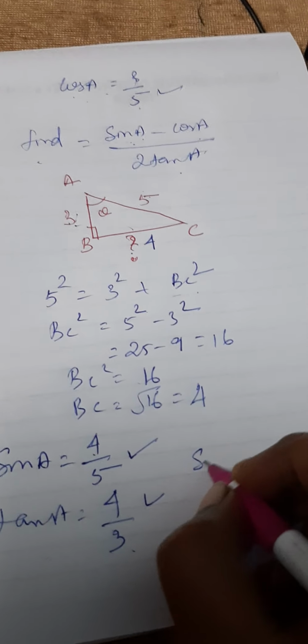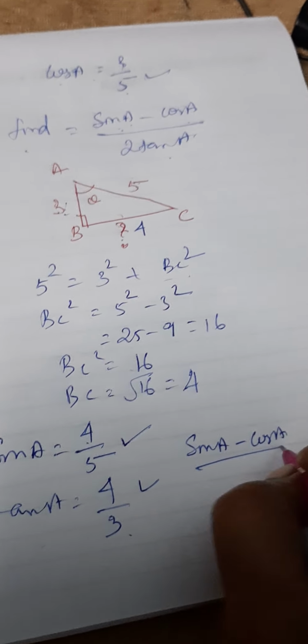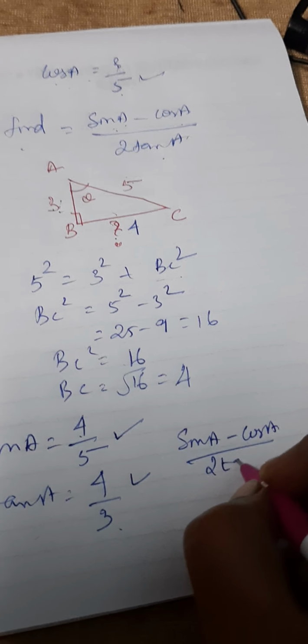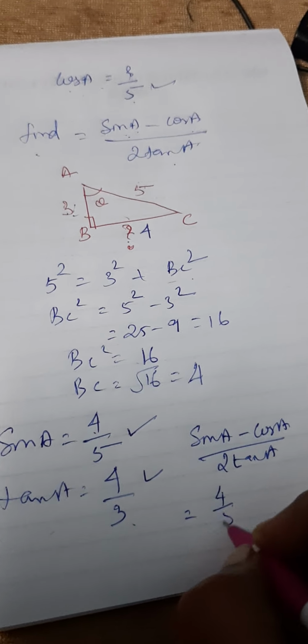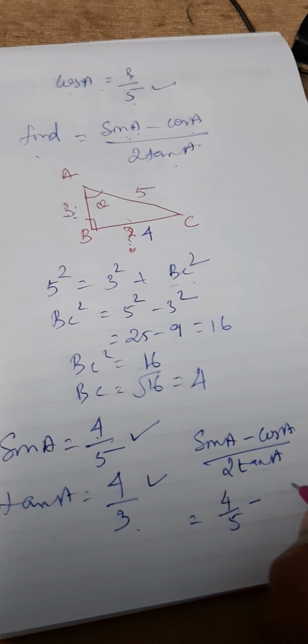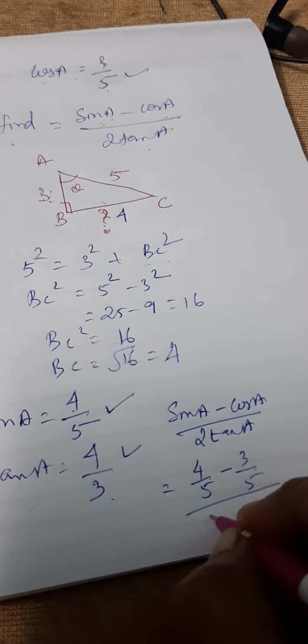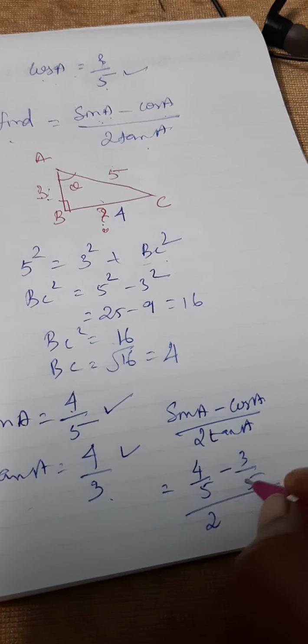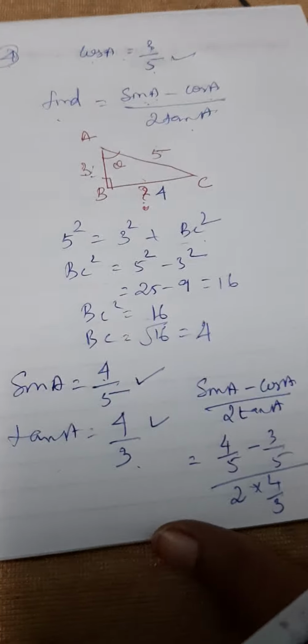So what is asked? Sin A minus cos A divided by 2 tan A is asked. So that is equal to sin A is 4 by 5 minus cos A is 3 by 5, the whole divided by 2 into tan A, which is 4 by 3. Just you have to simplify now.